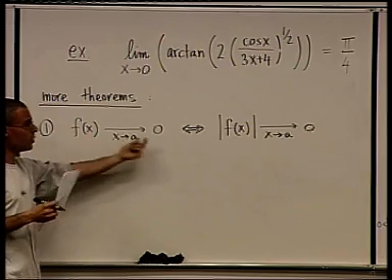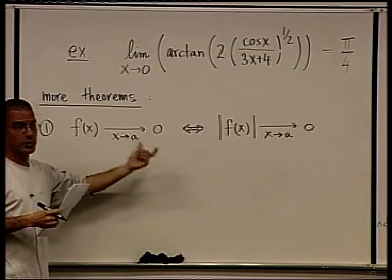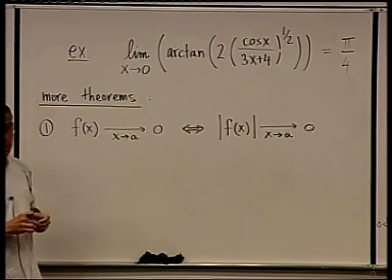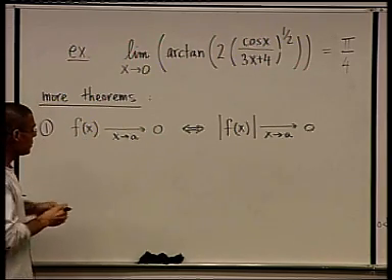Okay, so a function goes to 0 if and only if the function in absolute value goes to 0. We're not going to prove all these statements, but I do want you to picture them.